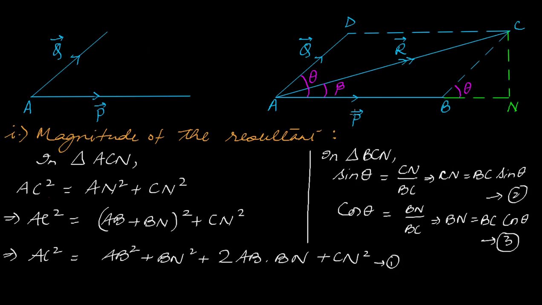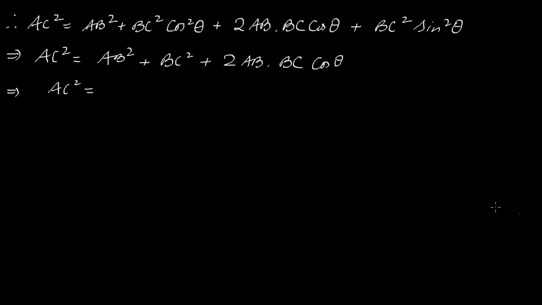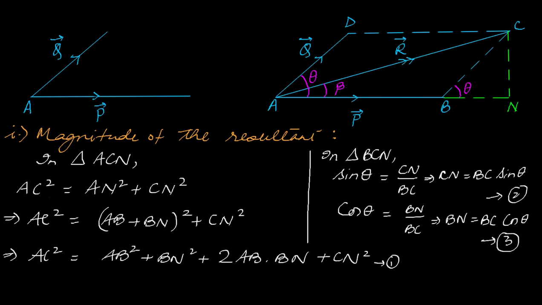instead of BC, can we take AD? I think we can, no? Because this is a parallelogram, right? So the opposite sides of a parallelogram are equal. So instead of BC, let us take AD. So we have AB square plus AD square plus 2 AB AD cos theta. This will be equation number 4.